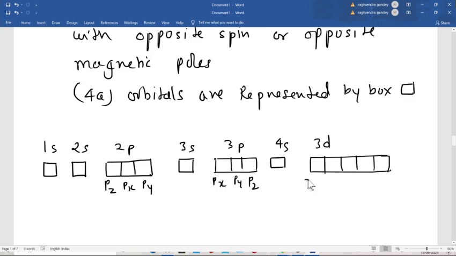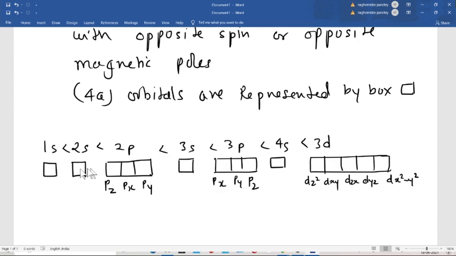Suppose we write dz2, dxy, dyz, dzx, and the last one is dx2-y2. So these are the 5 orbitals of d. This is the sequence of increasing energy level.